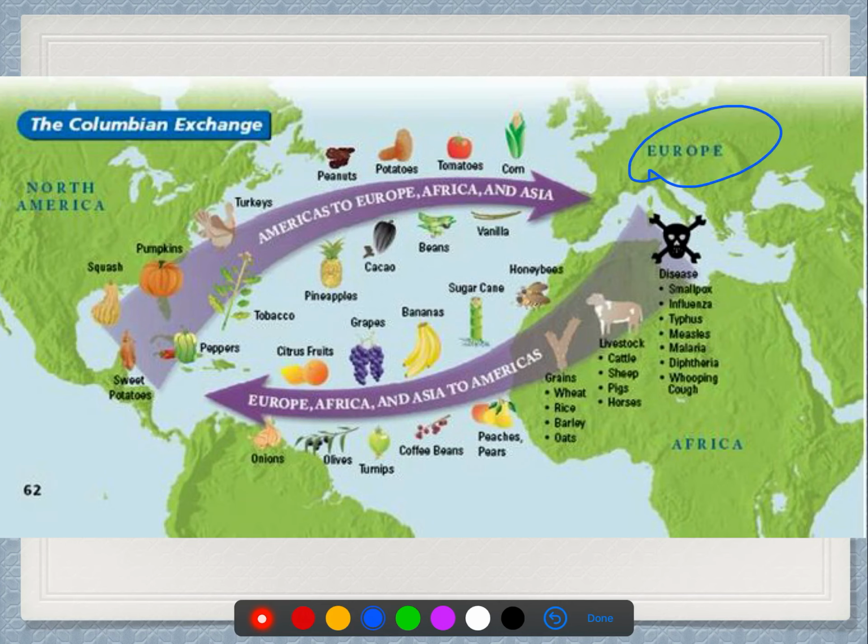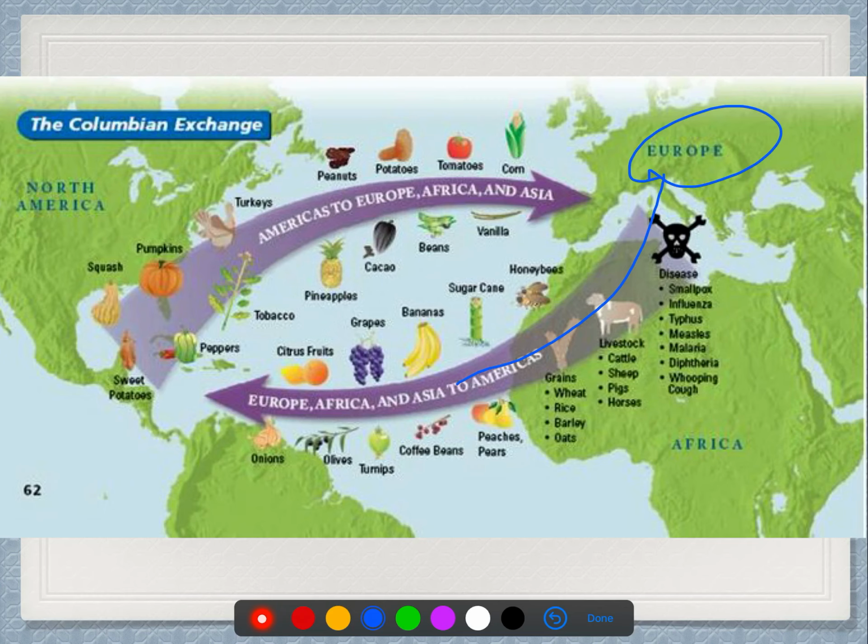Now, if you know anything about European history, Europe doesn't have a lot of stuff to offer. So what they do is they go through Africa on their way. And so a lot of what they're bringing to the New World, they're getting first in Africa, especially later on when we start to talk about the slave trade.